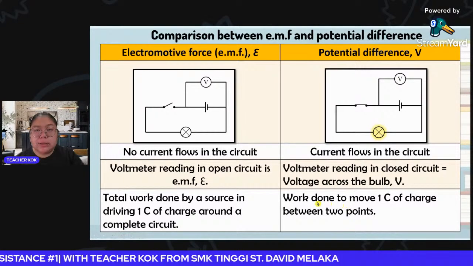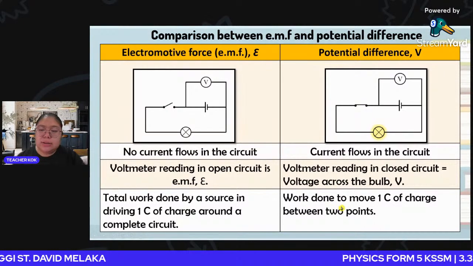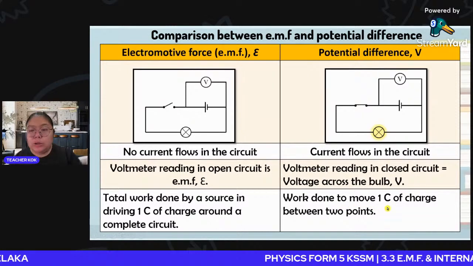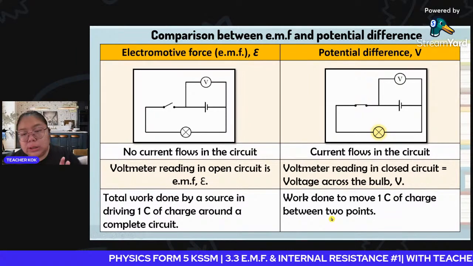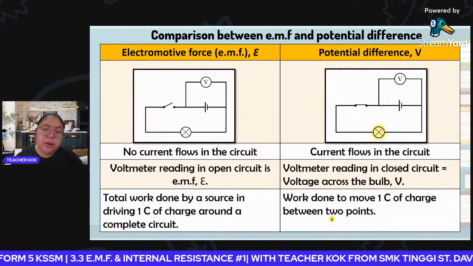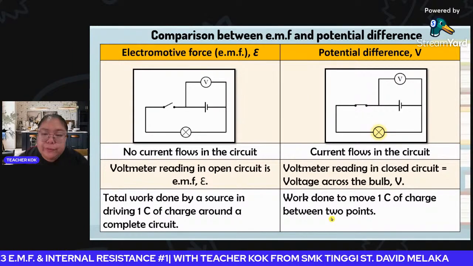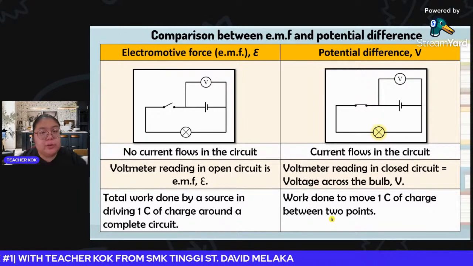Now the potential difference. Potential difference is the work done to move 1 coulomb of the charge between 2 points. That's all. Only between 2 points. So this is the difference between EMF and potential difference.